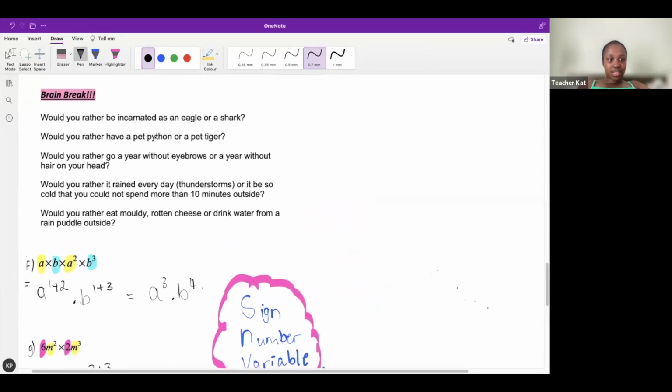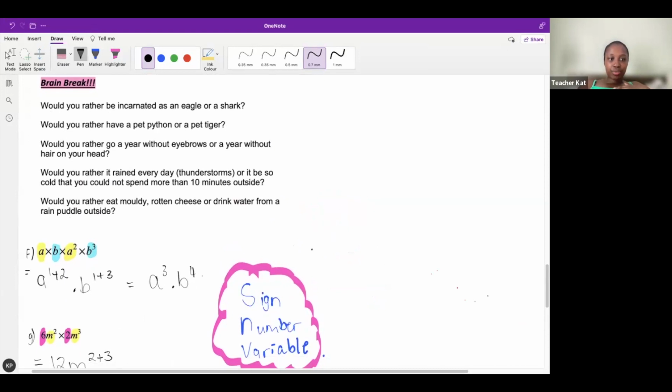Okay, the next one says, would you rather go a year without eyebrows or a year without hair on your head? No eyebrows or no hair? Many says without hair. Bohlale, you know how strange you look without eyebrows. Oh my goodness, guys.